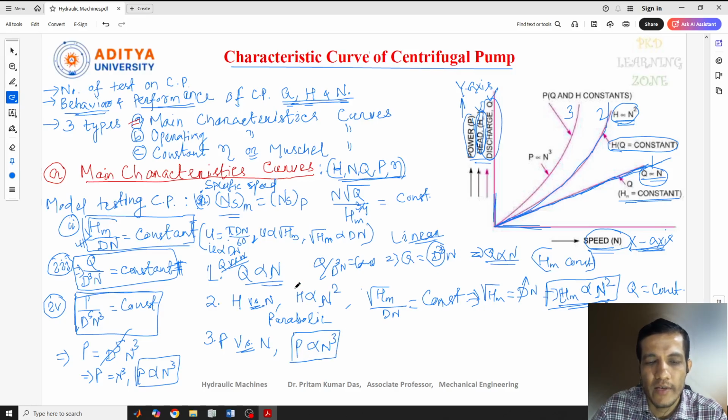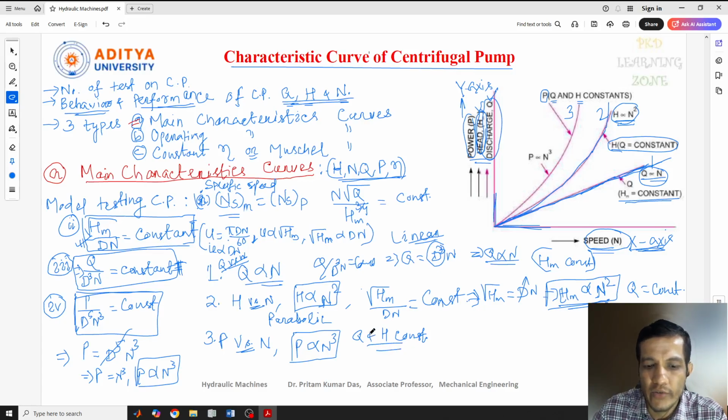Previously, head was directly proportional to speed square. So here is power. Now in this power condition, because power is the output one, at this condition our discharge and head both should be constant here. So here we need to write Q and H, both are constant at this condition.